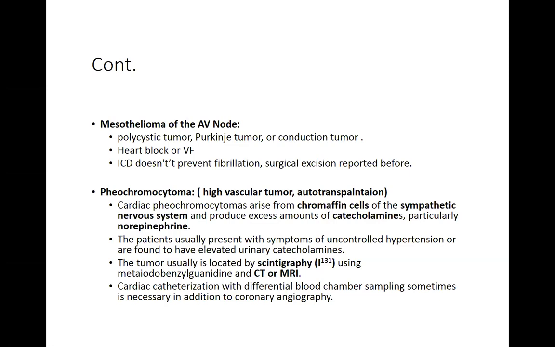You do urine catecholamines and find they are high. You can locate the tumor using scintigraphy with iodine-131 metaiodobenzylguanidine, and CT or MRI. Cardiac catheterization with differential blood chamber sampling is sometimes necessary in addition to coronary angiography.